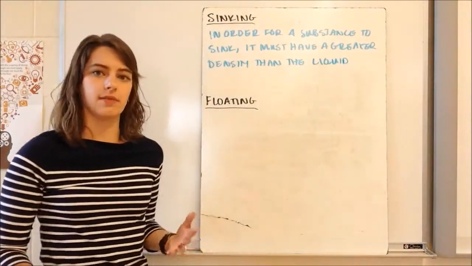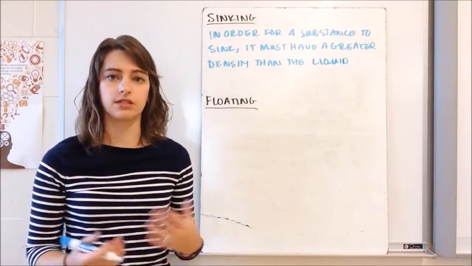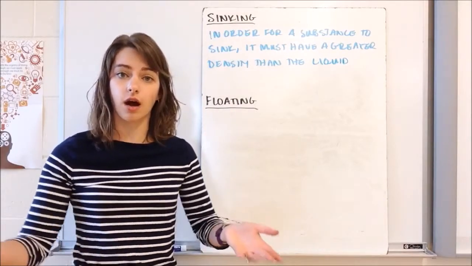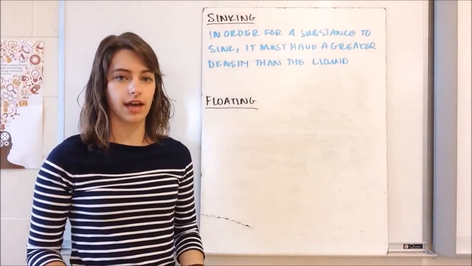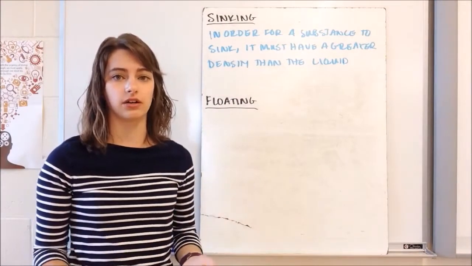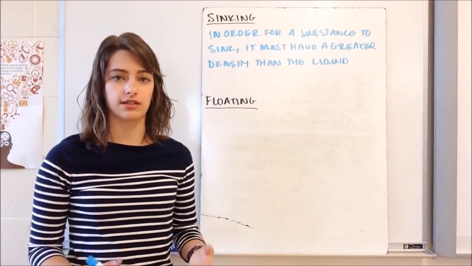Usually when we think about things sinking and floating, we're thinking about them in some sort of liquid. Often it's water, not always, but often. So if we want something to sink in water, it must have a density that's greater than water. So if something has a greater density, it's going to sink.